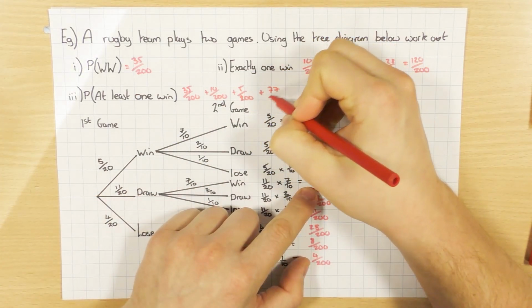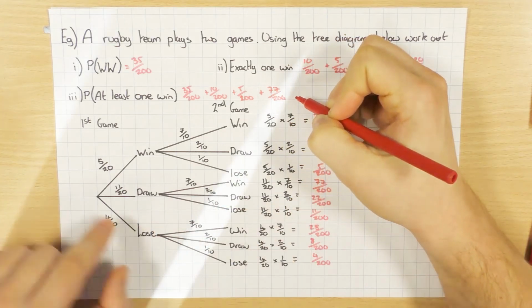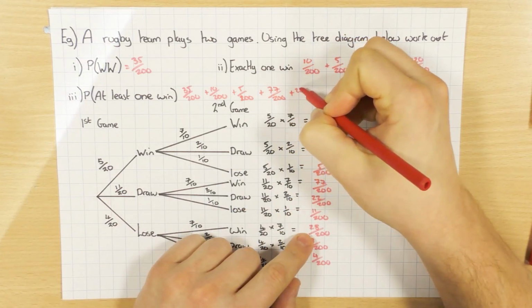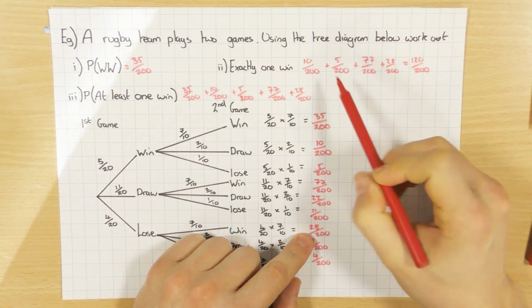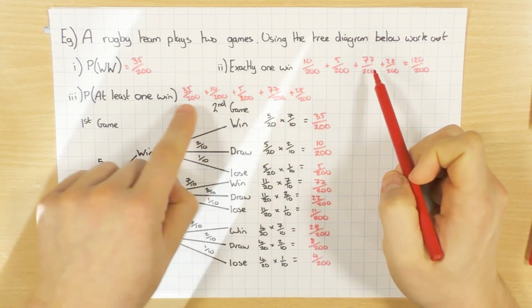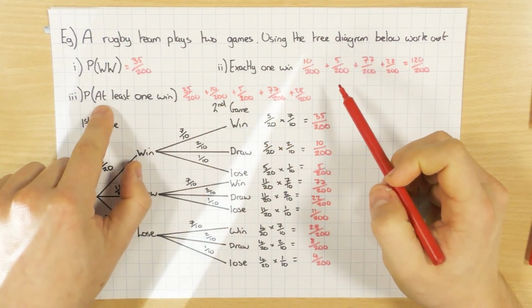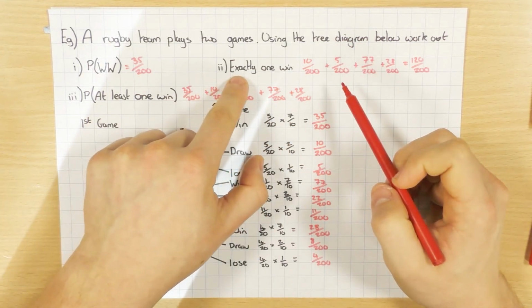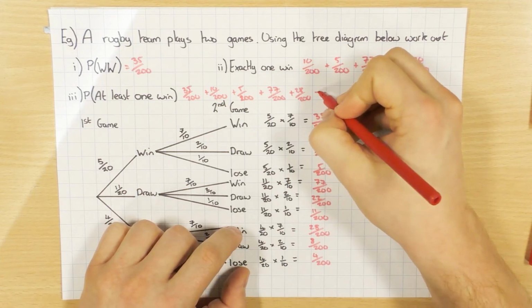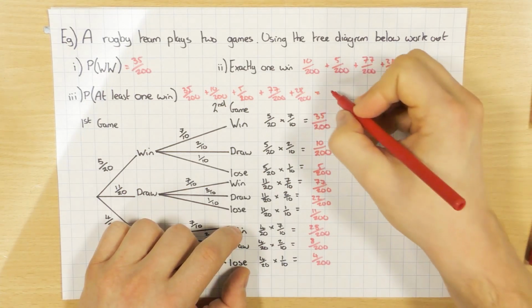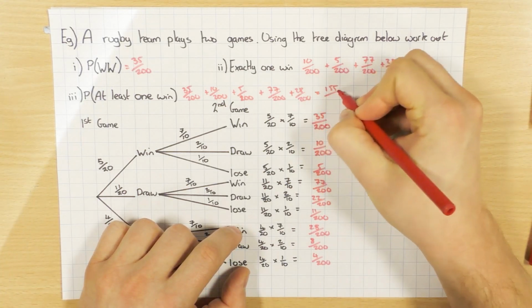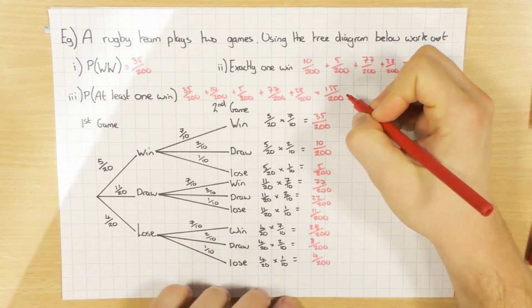Draw-win, and then lose-win. So you'll notice that actually they're all the same as this one, apart from the win-win, because the question is at least 1 win, whereas this one was exactly 1 win. And if you add all those up, we're going to have 155 over 200.